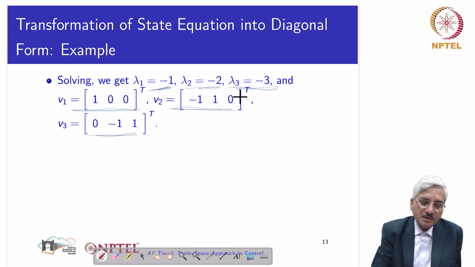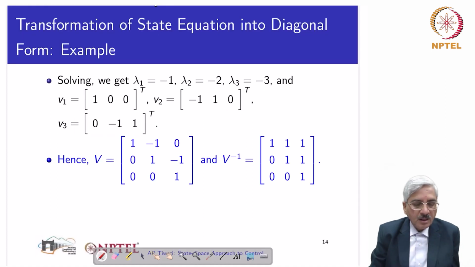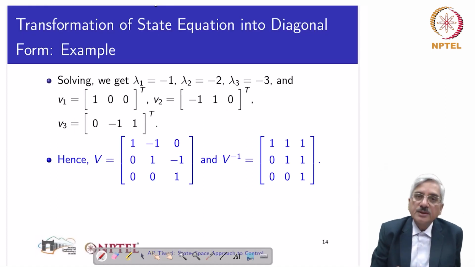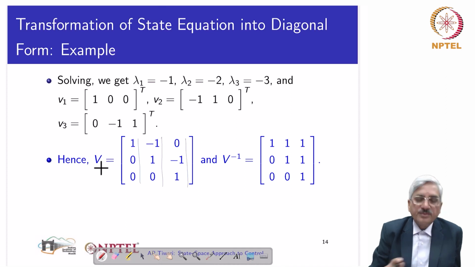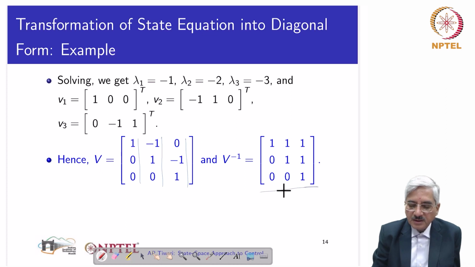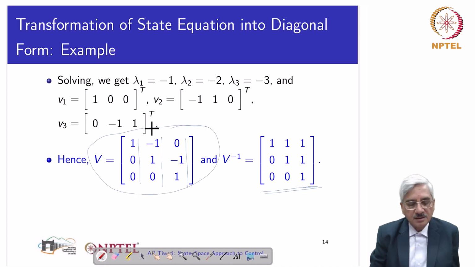These are column vectors, so you can see when they are written as a row, there is a transpose indicated there. So we assemble v1, v2 and v3 as columns in V, and we get this V matrix. And of course for this V, we will have this as the V inverse. So this is the transformation matrix to diagonalize the given system.